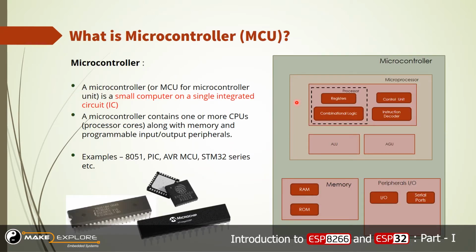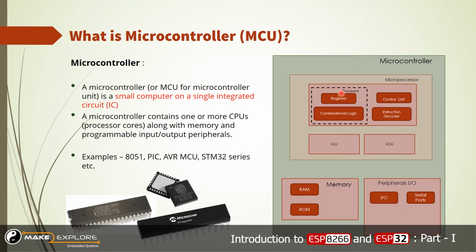Now let's see what a microcontroller, MCU, is. A microcontroller is a small computer on a single integrated circuit chip. A microcontroller may contain one or more CPUs, processor cores, along with memory and programmable IOs, input-output peripherals.